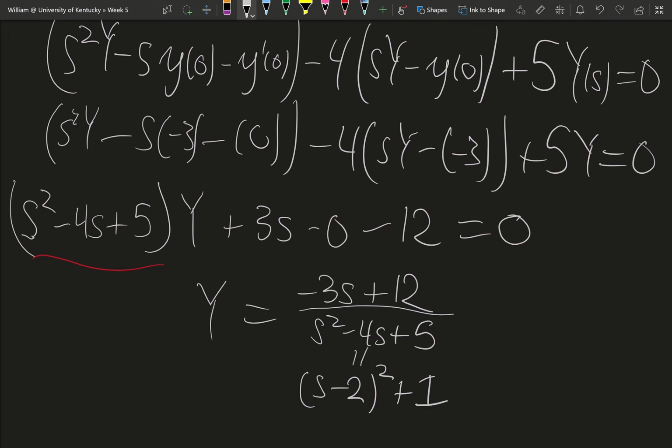If we complete the square, we get s minus 2 squared plus 1. Anytime you can't factor it, more explicitly if it has imaginary roots, this is what you want to do: complete the square.